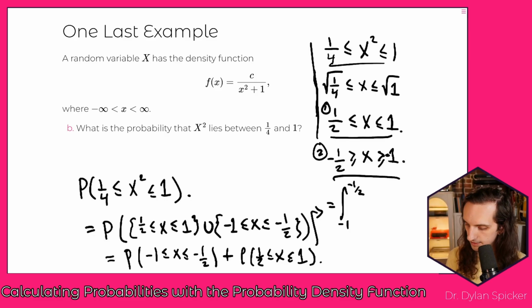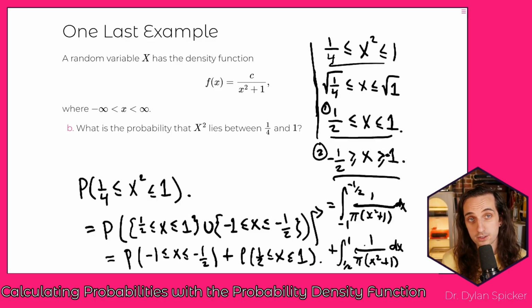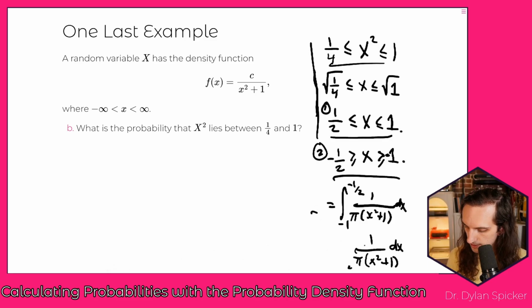We found that in part A. So that's going to be 1 over pi times x squared plus 1 dx plus the integral from 1/2 up to 1 of the same thing, 1 over pi times x squared plus 1. Okay. Both of those integrals are going to be arctan, and so then it's evaluating arctan at all of the endpoints and taking that all in together. Okay, so that's going to be how we can calculate out that probability.